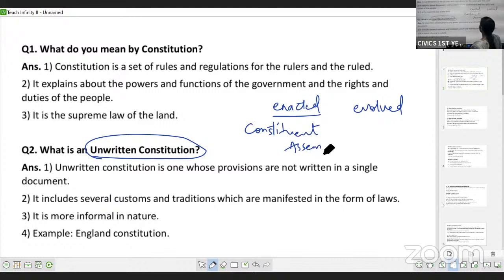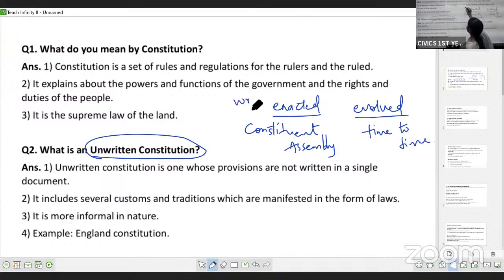Evolved means it is prepared from time to time. So customs and traditions become constitutional provisions. So enacted constitution is always written, and evolved constitution is unwritten. As it is prepared from time to time, it is unwritten.